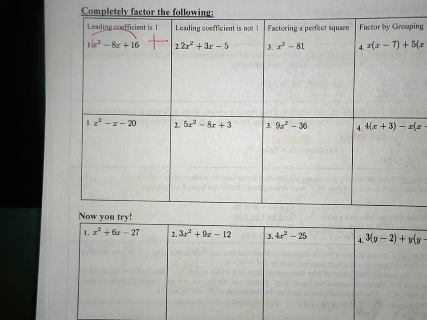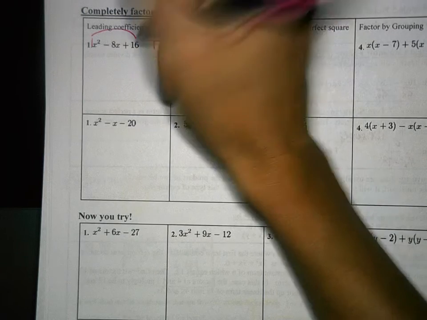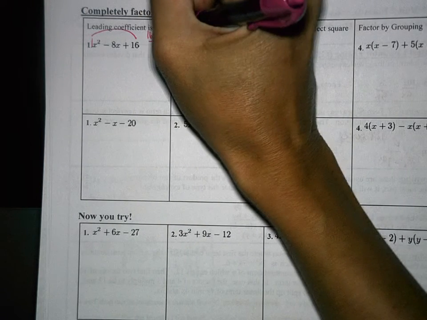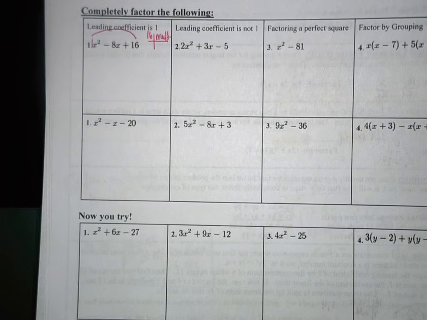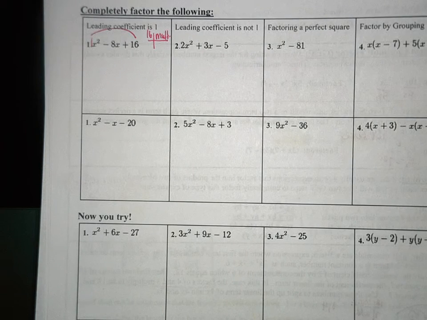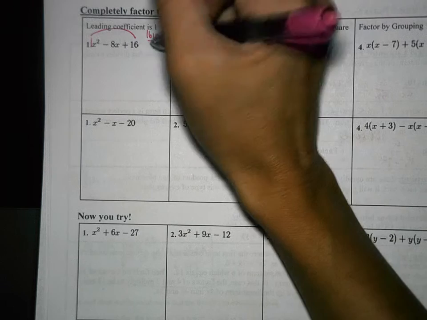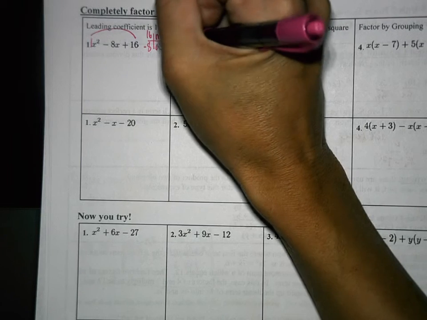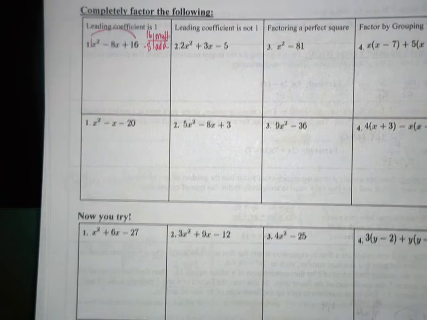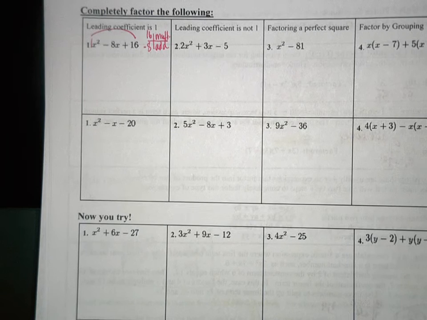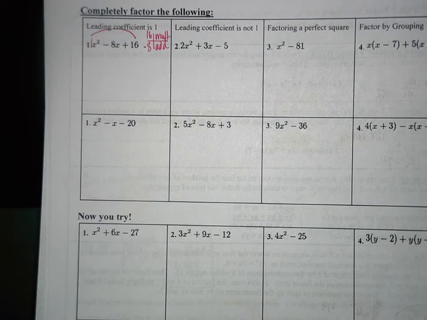And what is 1 times 16? Good. And so 16 is my multiplication number. Okay, what is my adding number? Good, -8 is my adding number. All right, so now we need to think through. What are 2 numbers that multiply to make a positive 16 and will add together to make a -8?